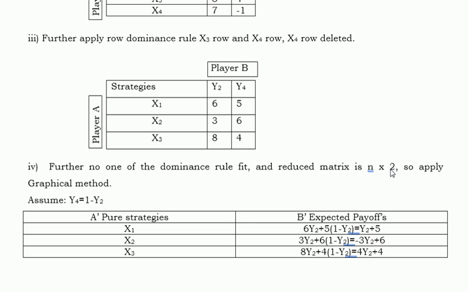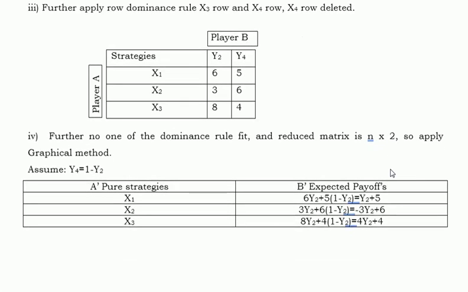So the objective of the graphical method is to reduce the matrix. Here the order of the matrix is 3 by 2. Further, you apply the graphical method so that the matrix reduces to a lower order.